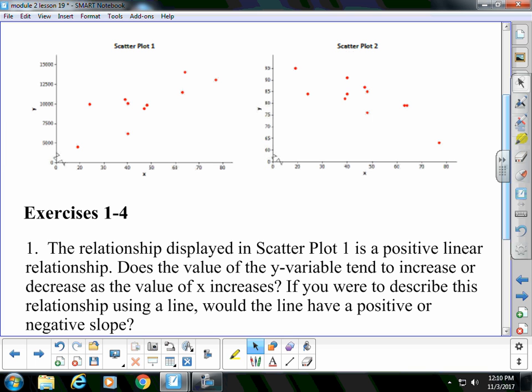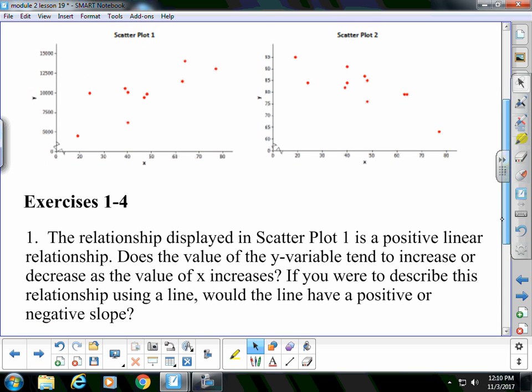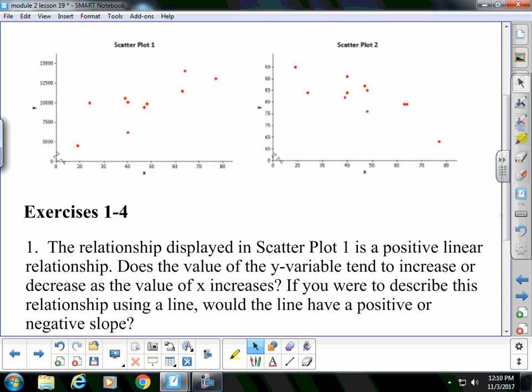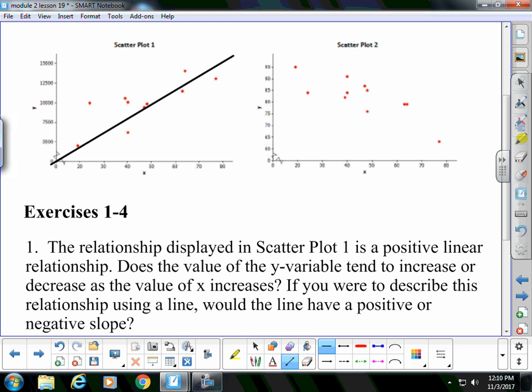Does the value of the y variable tend to increase or decrease as x increases? If you were to describe this relationship using a line, would the line have a positive or negative slope? Okay, so looking at plot number 1, if we were to use a line to describe this relationship, that would be an increasing line. So it would have a positive slope.